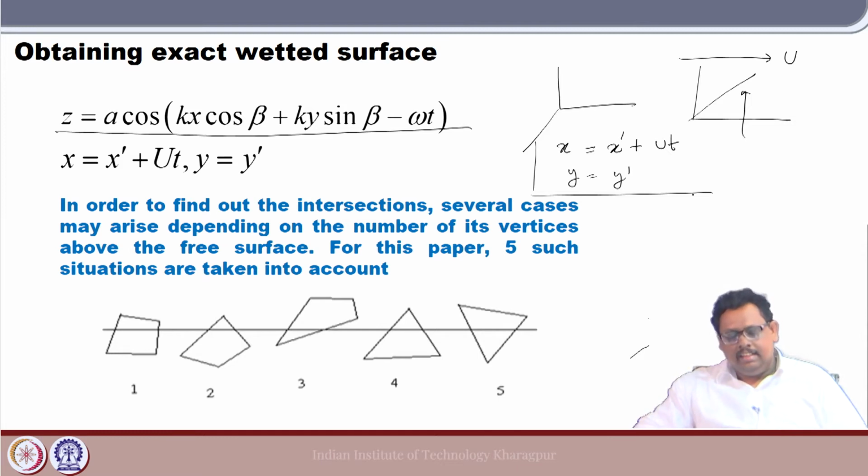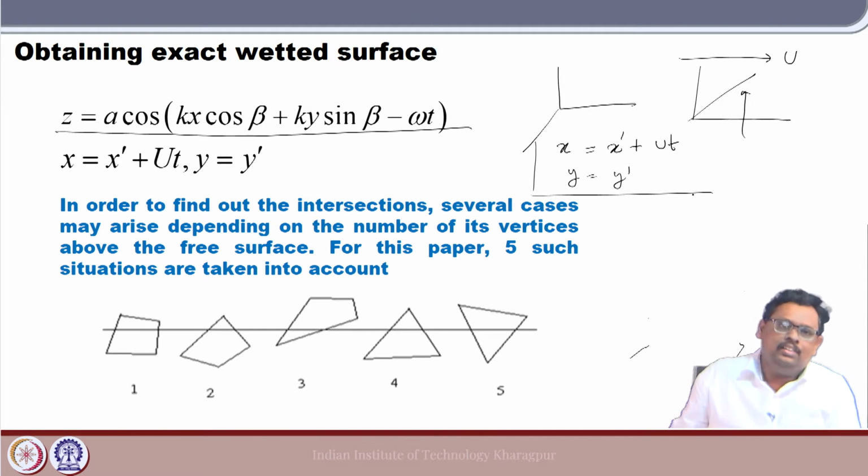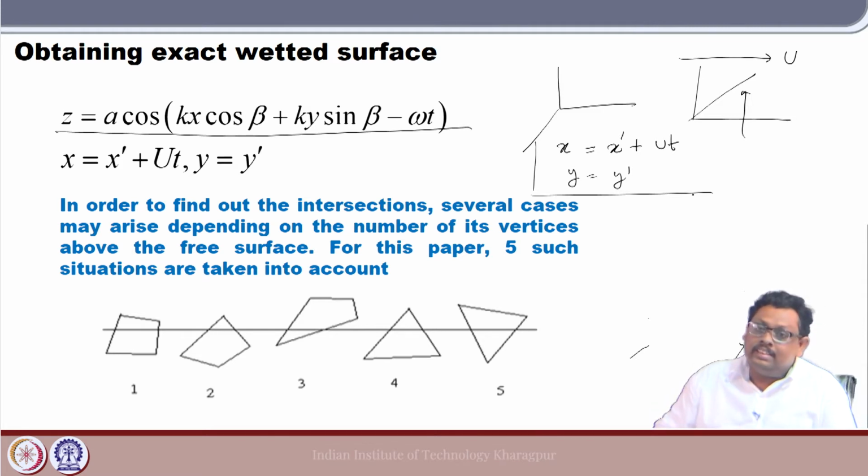Now, you see there are 5 pictures, 1, 2, 3, 4, 5. What is this picture? You can read here, it says that in order to find the intersection, several cases may arise depending on the number of vertices above the free surface or below the free surface. So, we are actually dealing with these 5 cases.